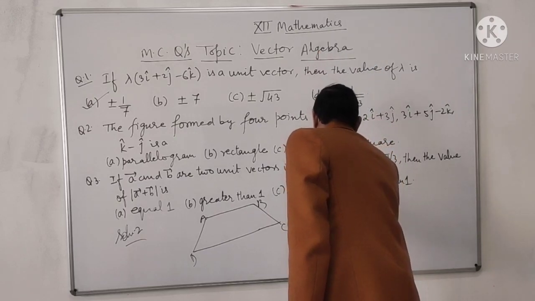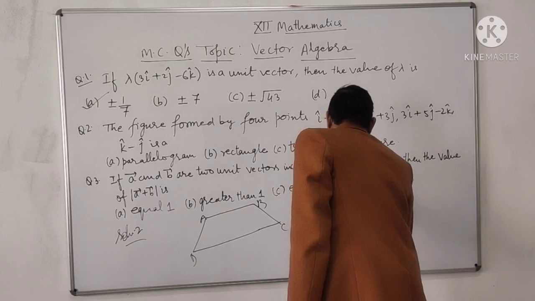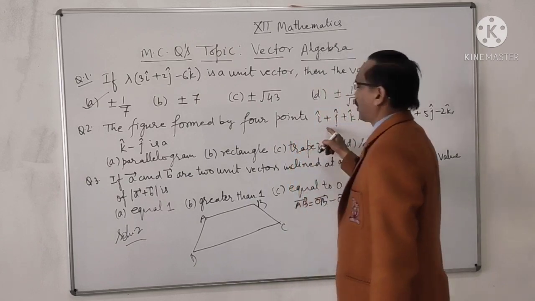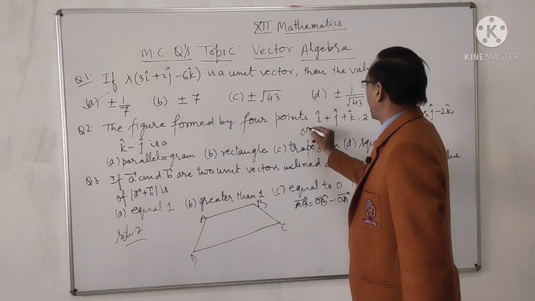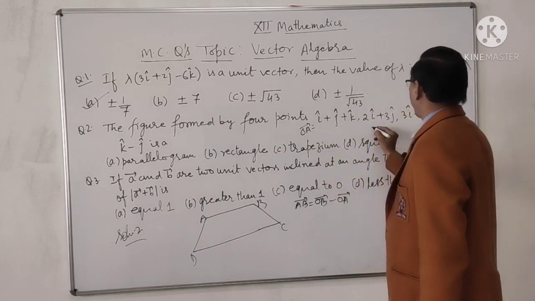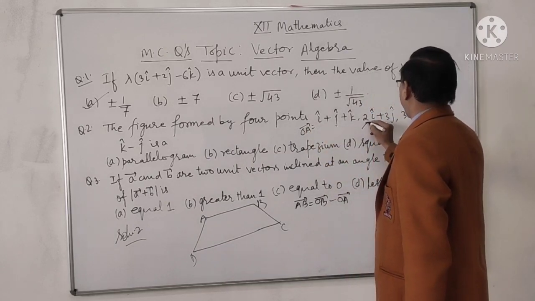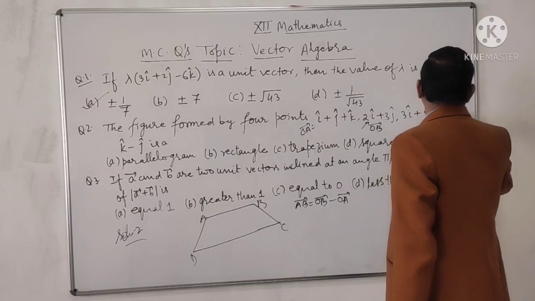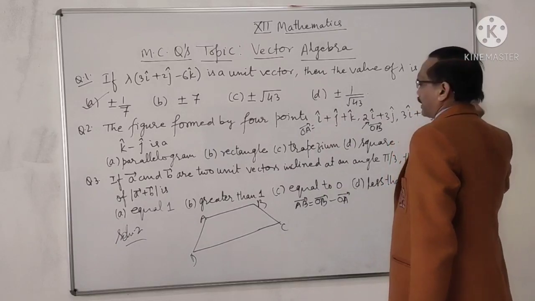It is OB minus OA. It is the position vector of A, so let it be OA vector. It is OB vector. It is OC vector. And it is OD vector.